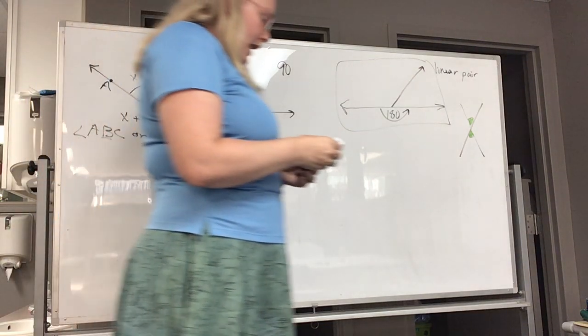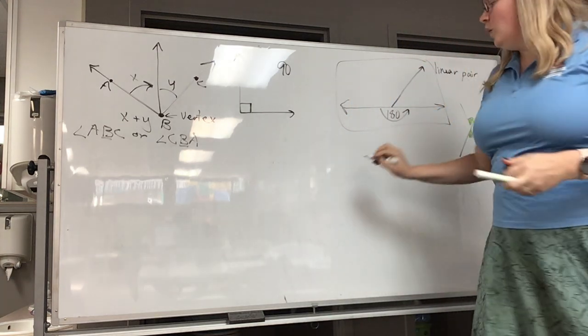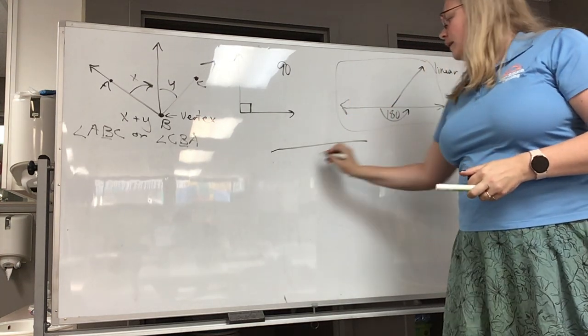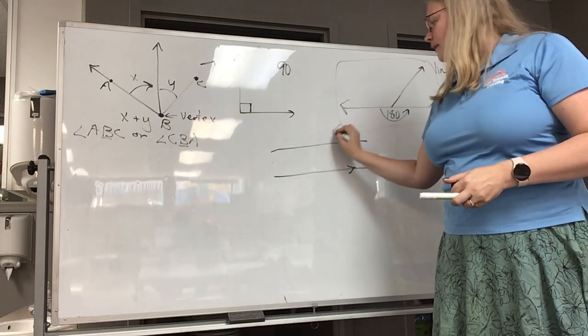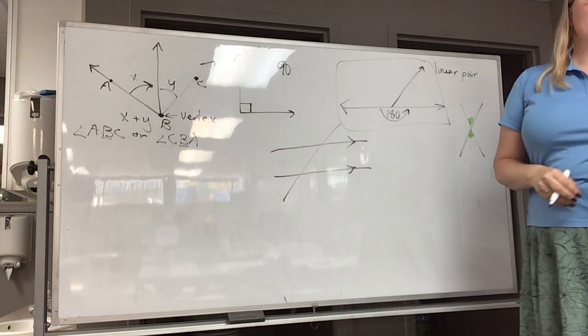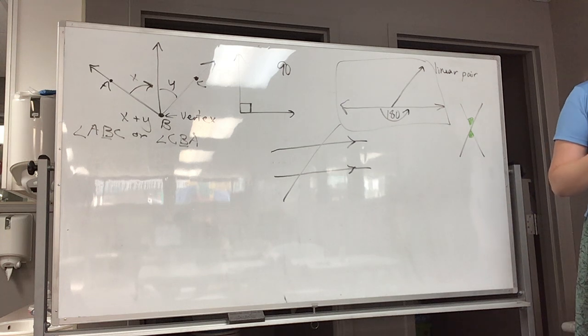Finally, with angles, we have parallel lines cut by a transversal, or a line that crosses both of them. There are a whole bunch of names that you learn if you take geometry.